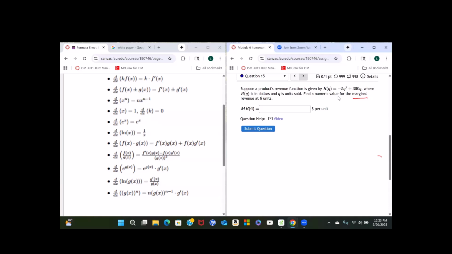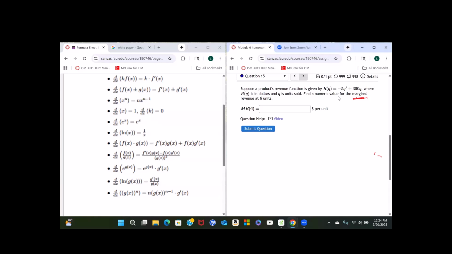It's like the slope of that line between the two. I don't know how to explain it, but anyway, don't worry about it. Marginal means derivative. That's all you really need to know. If it says marginal revenue, marginal cost, marginal profit, it means the derivative.